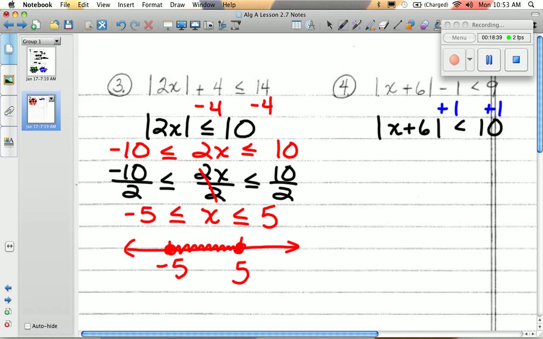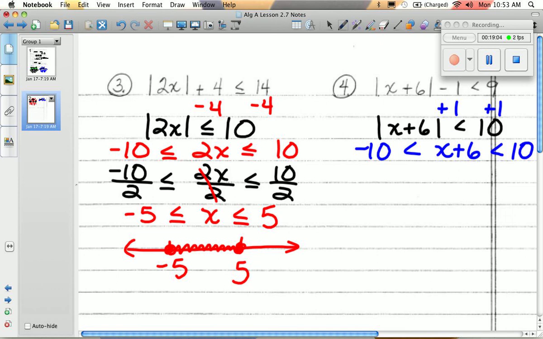Set up our compound inequality. Yeah, so -10 is less than x plus 6. This is when we get to ditch our absolute value bars. Is less than +10. So what's inside the absolute value bars gets put between the two numbers that have that absolute value of 10.